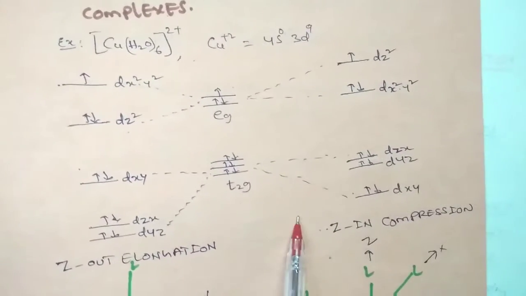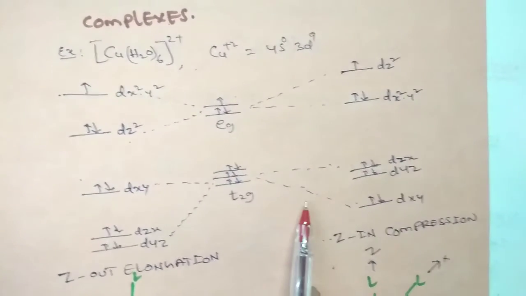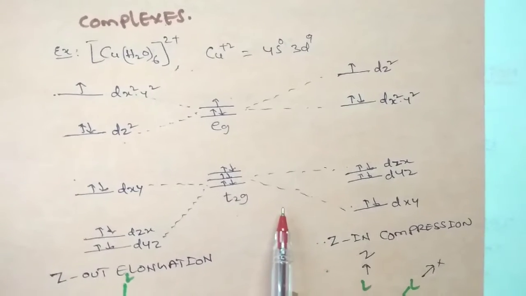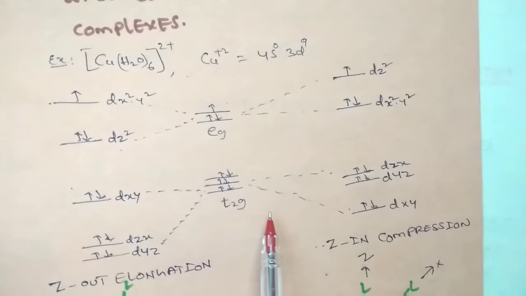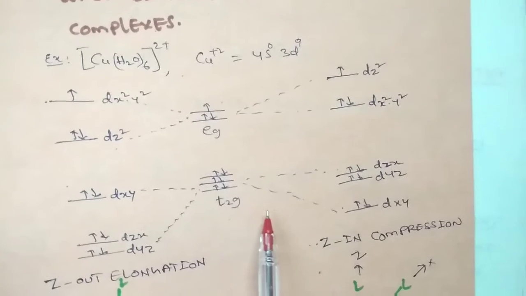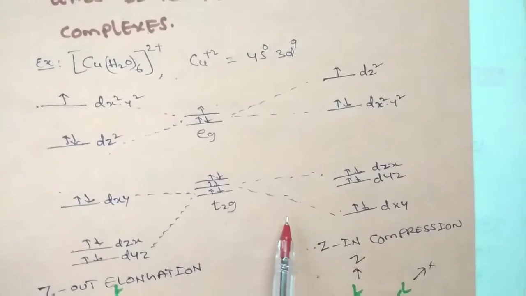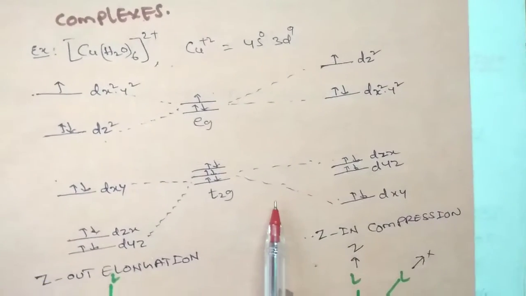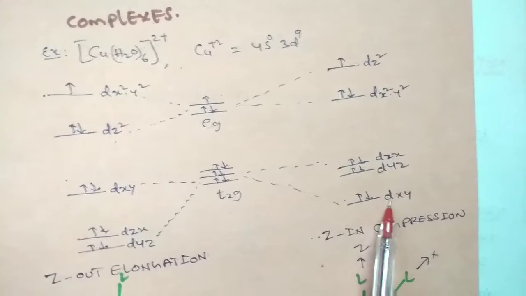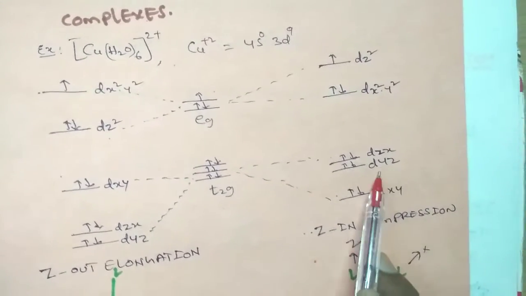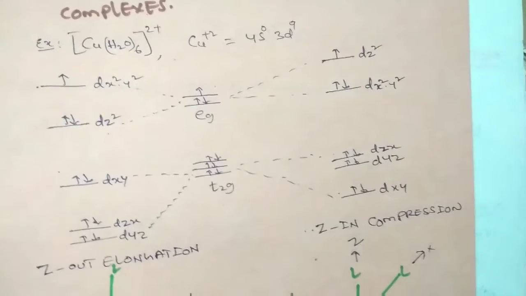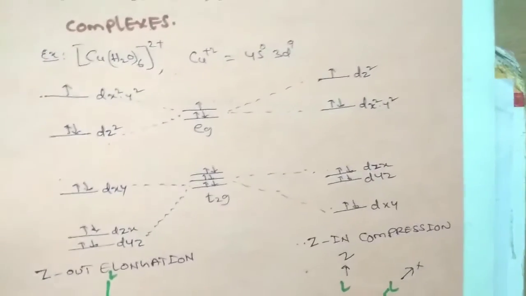In the same manner here also, when ligands approach along the x and y axes, more repulsions will be there. Due to more repulsions, the bond will be stretched a lot. When the bond is stretched a lot, the energy of the dxy orbital will be decreased and dyz, dzx will be increased. So then what would happen?